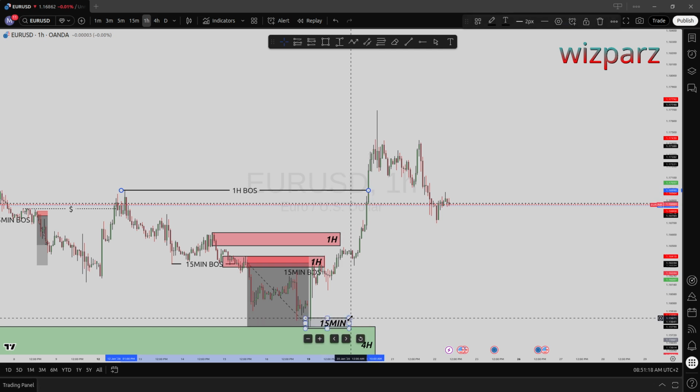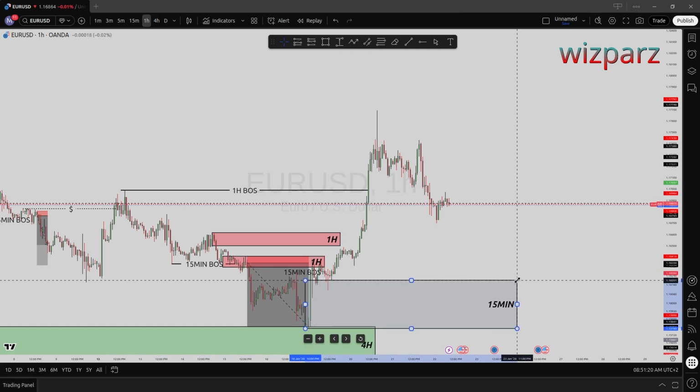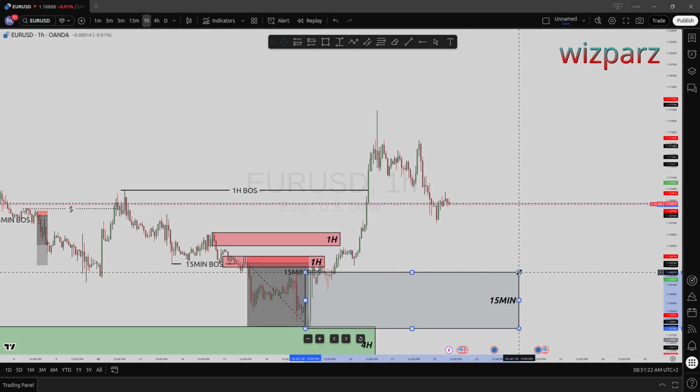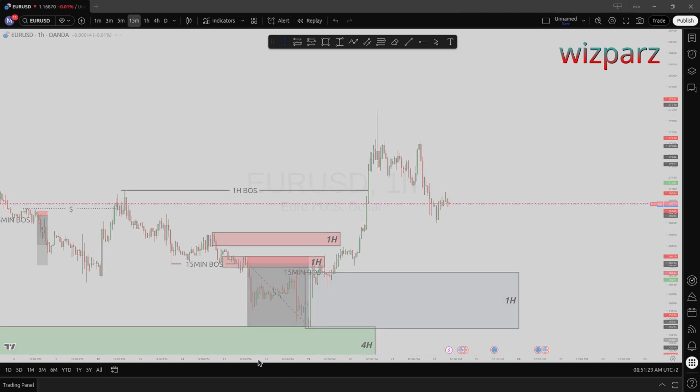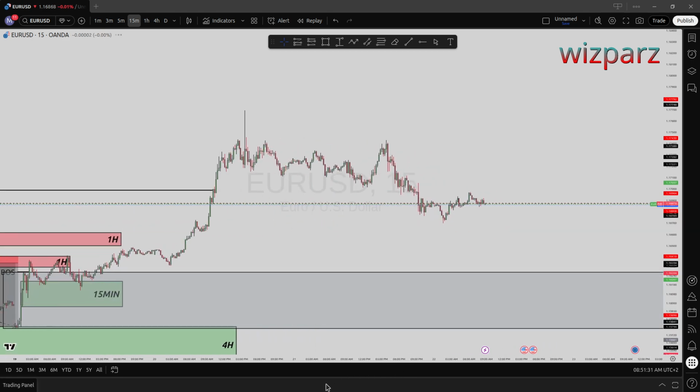And we mark up BOS level and then our 1 hour zone, and we scale to 15-minute time frame to look for major demand area.